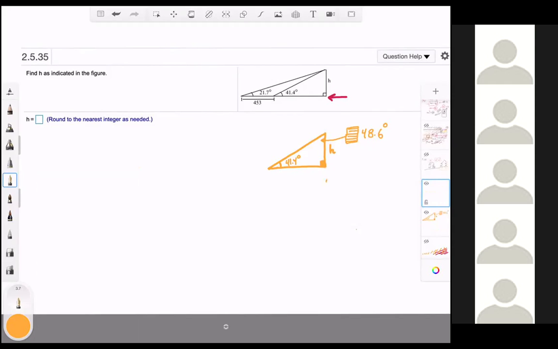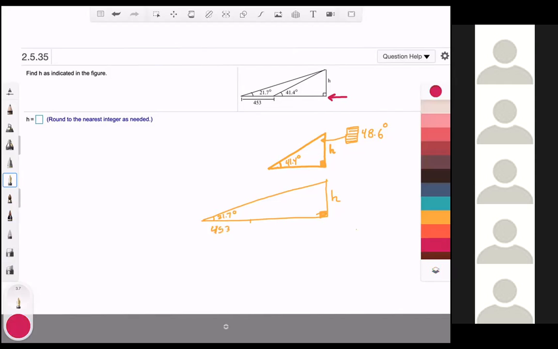which is same shape, but it's bigger. So this is h. This is 90. This will be 21.7 degrees. This much will be 453. Cool. So again, we try to solve for this one.